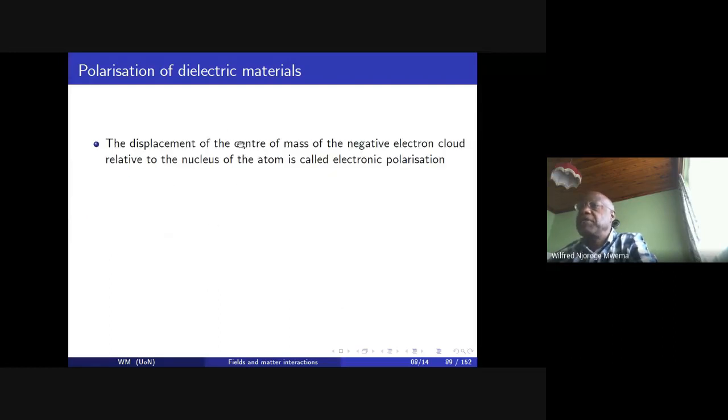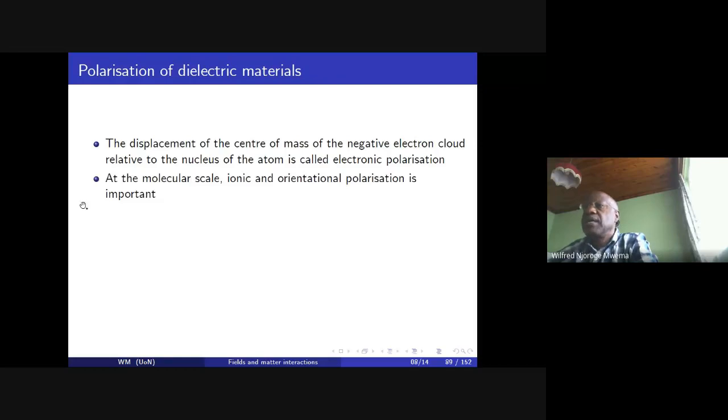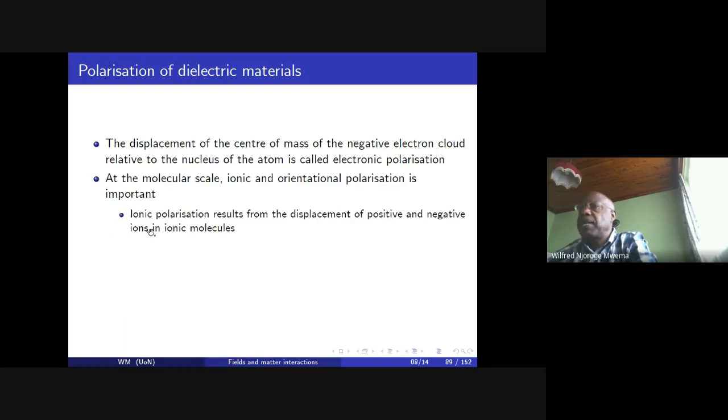The displacement of the center of mass of the negative electron cloud relative to the nucleus of the atom we call electronic polarization, because it's the electrons that are being moved. If we look at the molecular scale, we have what we call ionic and orientational polarization, which becomes important. Ionic polarization results from the displacement of positive and negative ions in ionic molecules.